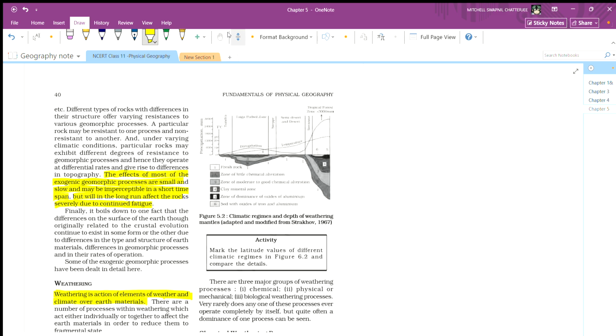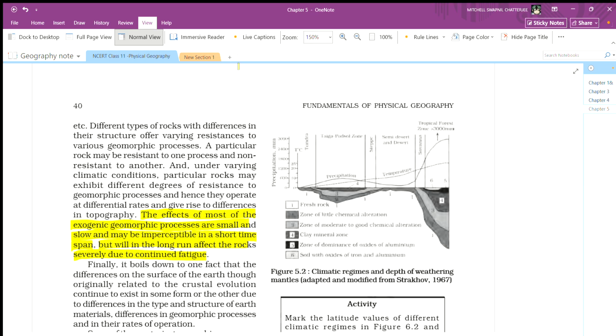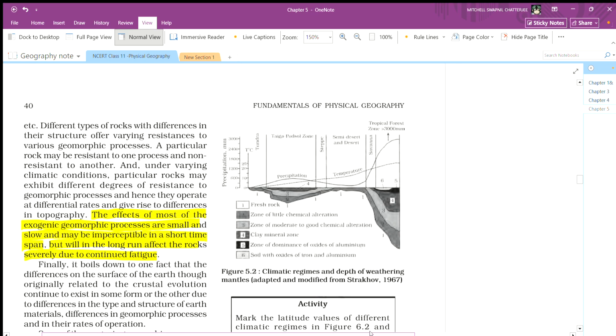So here is the precipitation figure. As we go higher in altitude, the precipitation increases. Precipitation is how fast atmospheric vapor becomes liquid.